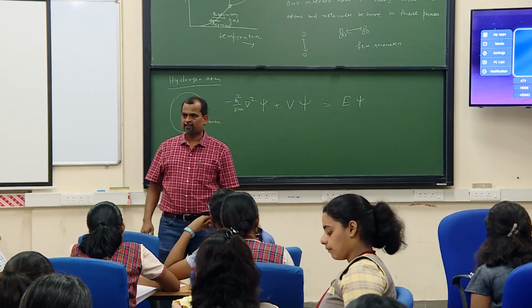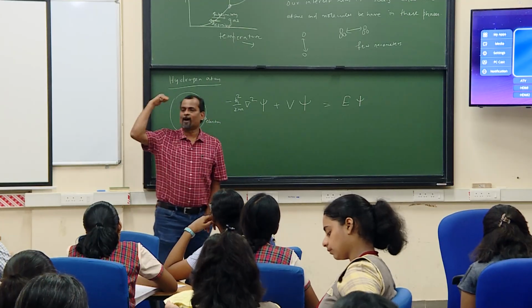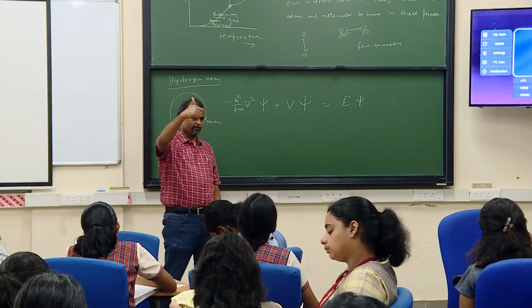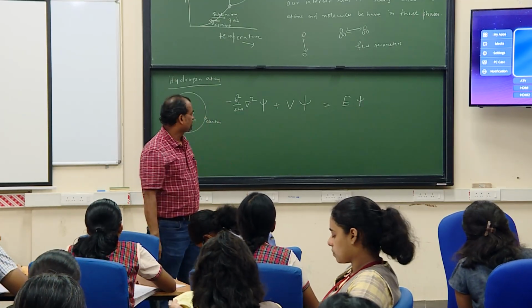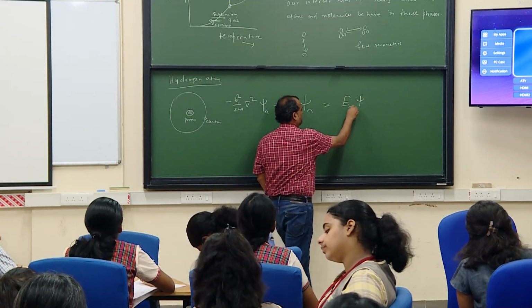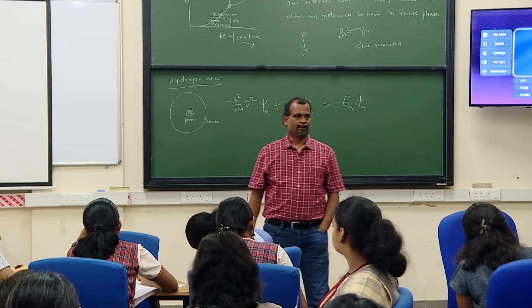Is that correct? Then they say that you don't have only one eigenvector or eigenfunction, you have n number of eigenvectors or eigenfunctions. Corresponding to them, you have n number of eigenvalues. So, psi n, E n.